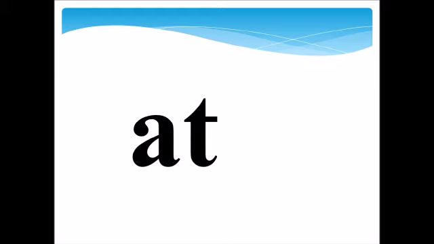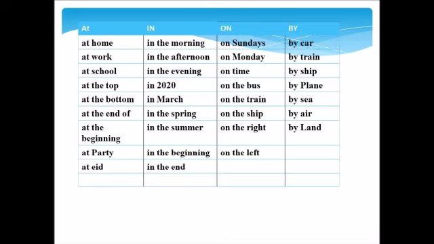We begin seasons with in, like in the spring, in the summer, in the autumn, in the winter. You have an option here. You can use the article the with these seasons, or you can't. It is up to you. Both are correct. There is nothing wrong in that.